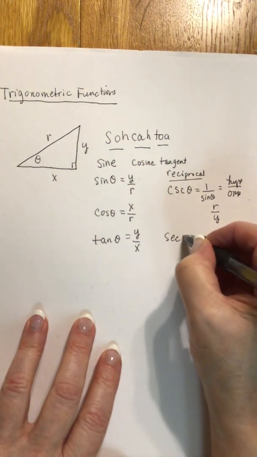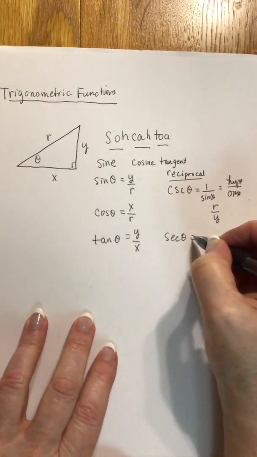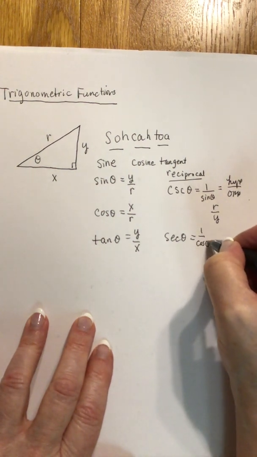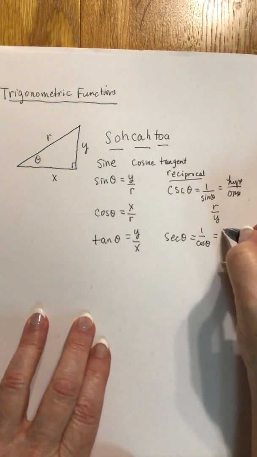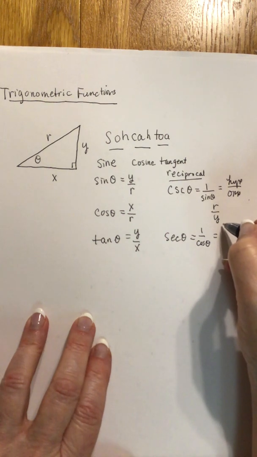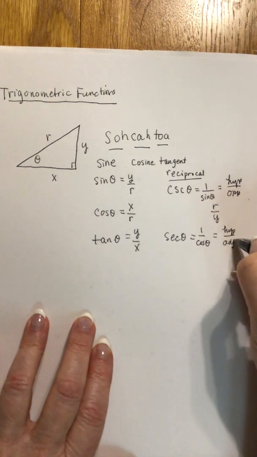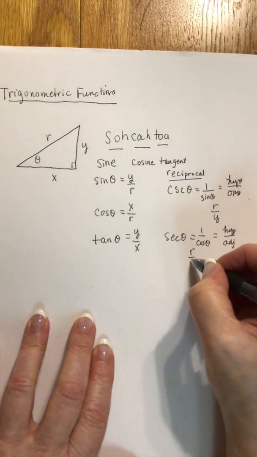Secant is the reciprocal of the cosine, so we have 1 over cosine theta. So that's going to be what? Cosine is the adjacent over hypotenuse, so we're going to have hypotenuse over adjacent, or r over x.